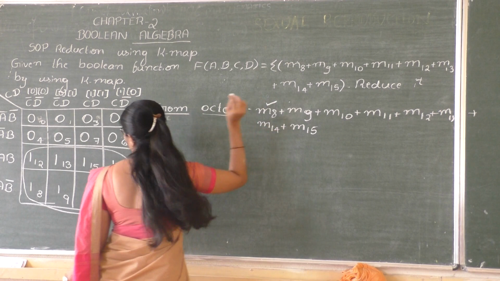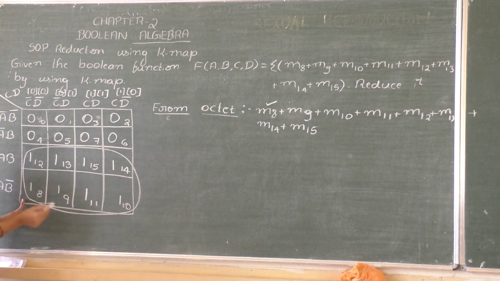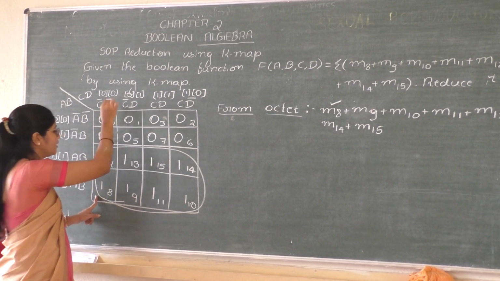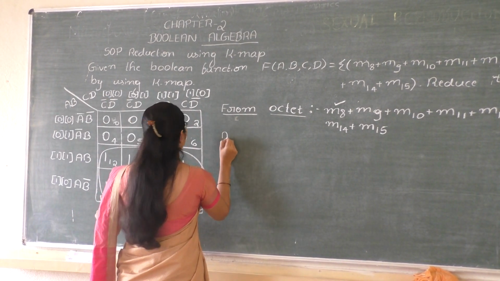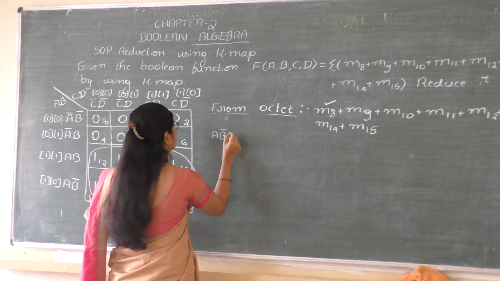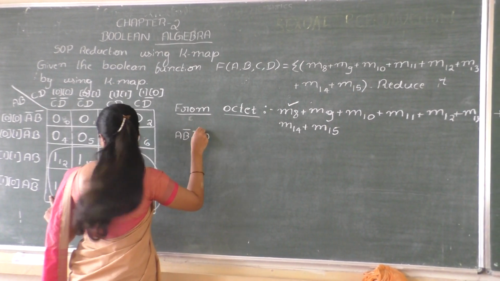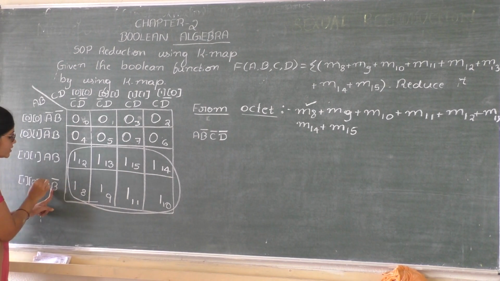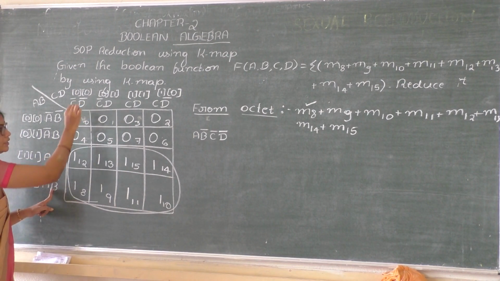So minterm in the 8th box is A, B bar, C bar, D bar.